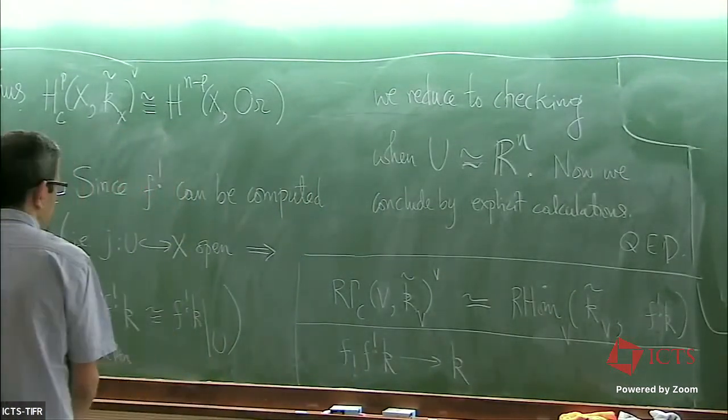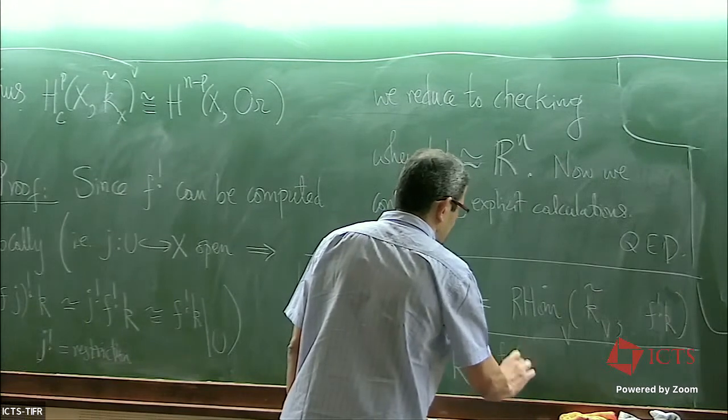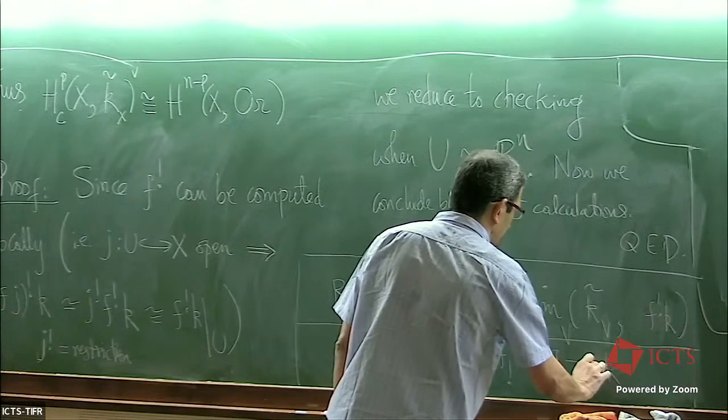But if it's orientable, then it's just saying f lower shriek orientation shifted by n to K.